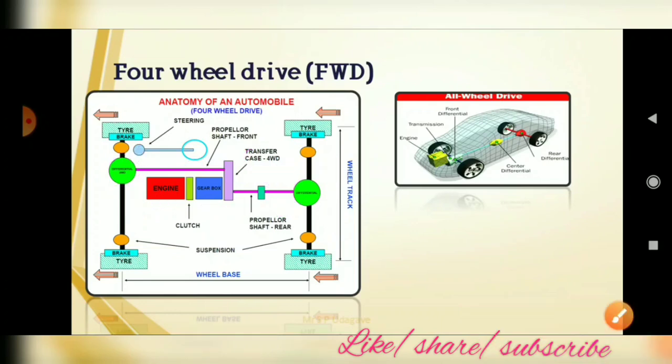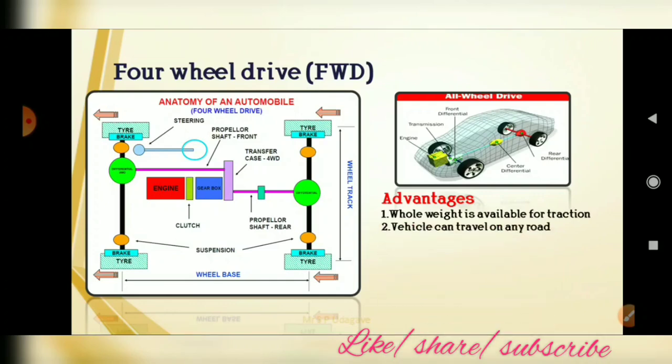This system also has some advantages and disadvantages. The first advantage is that the whole weight is available for traction. Second, the vehicle can travel on any road; mostly military vehicles or some vehicles for hills or off-roads are manufactured with four-wheel drive.